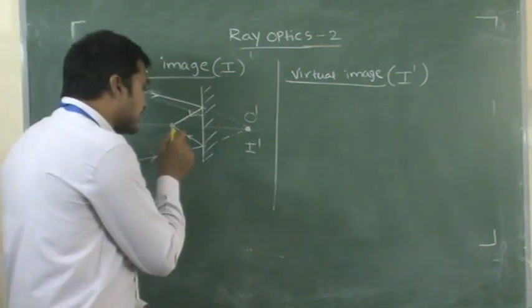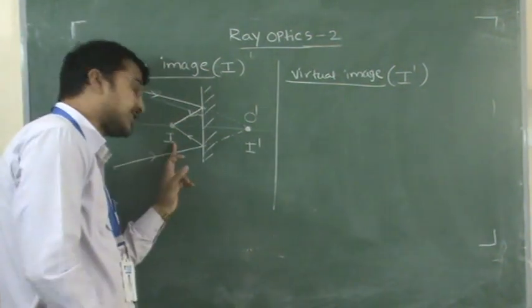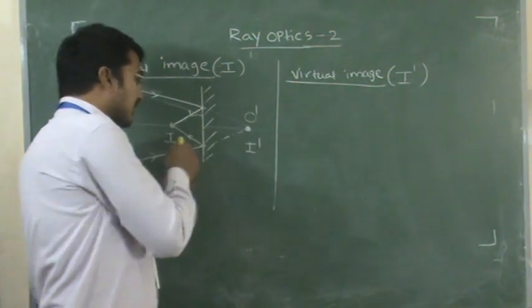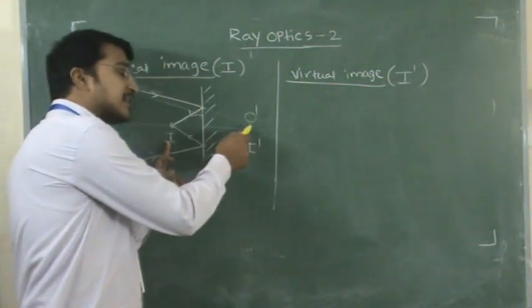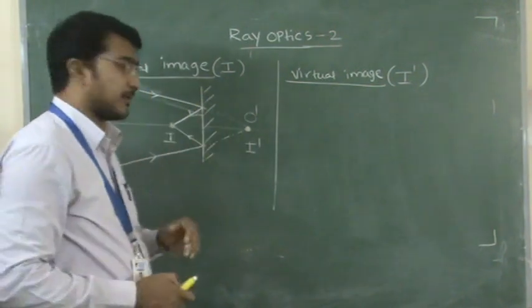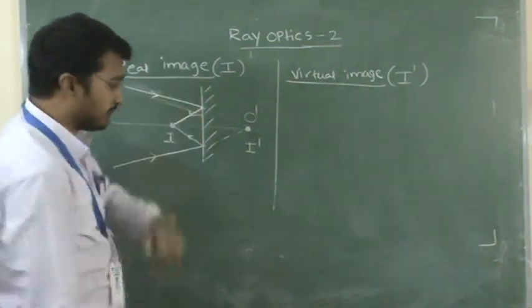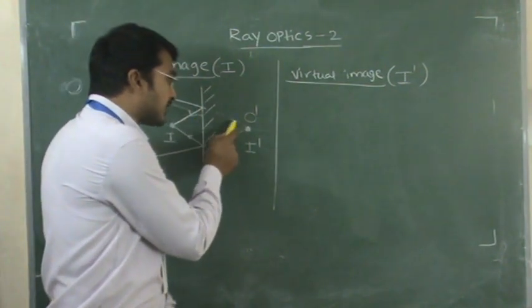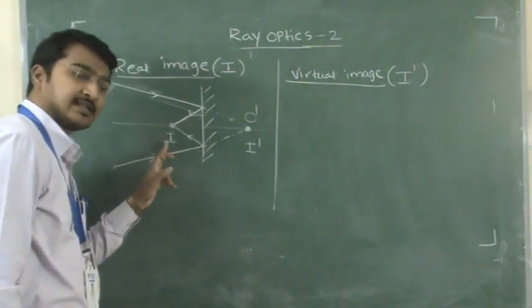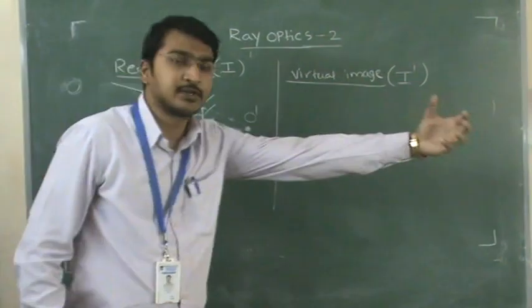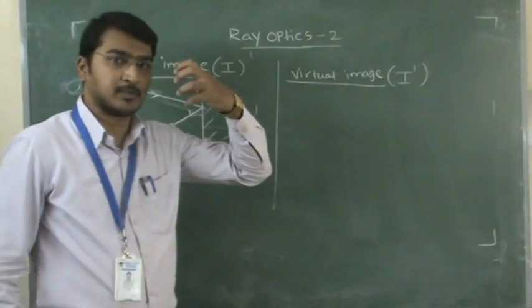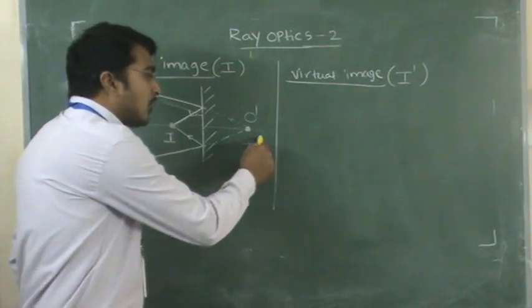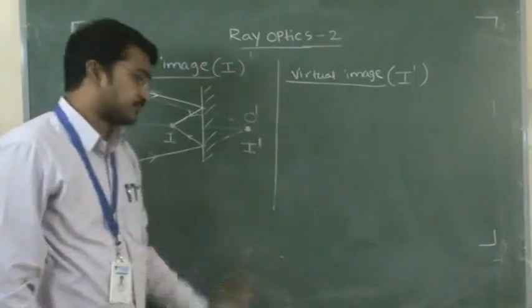For this image, this O dash acts as an object. So forget about O. These rays appear to be coming from here. For this real image, the rays appear to be coming from the mirror. So this is a real image, and how to define the virtual image?